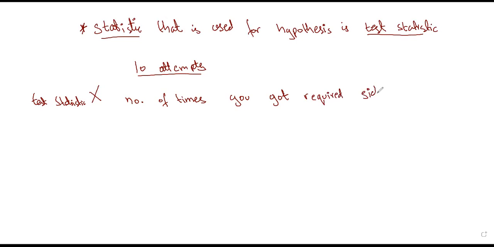Okay, now obviously this definition is related to the coin tossing and to the dice. Just know this, and after this we will do an example. You will get a proper idea of what test statistic is.